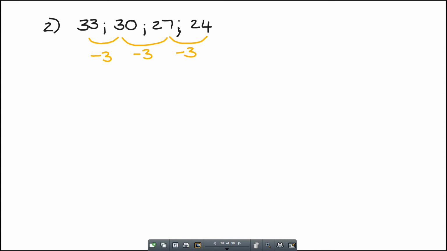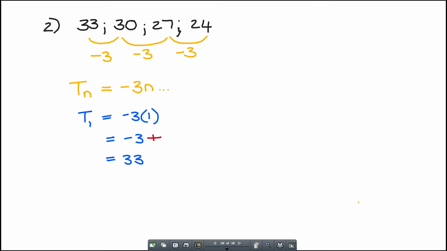Okay, and that's how I knew it would be term n is equal to minus 3n, but now I don't know what I will do after that.